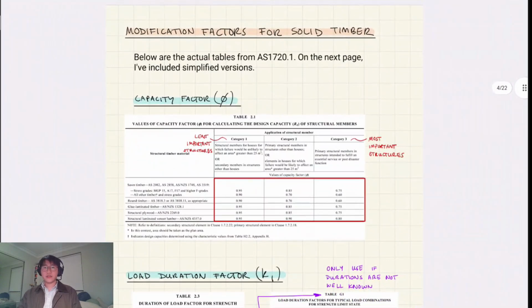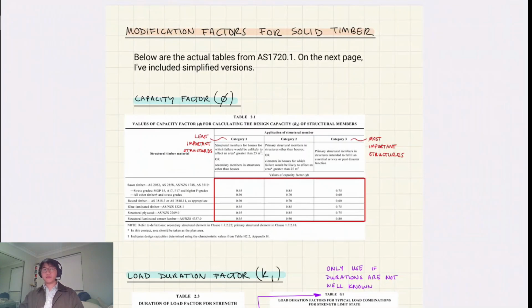Okay, so modification factors. Essentially in steels and in concrete, you have your phi factor, which is your capacity reduction factor. In steels it's really straightforward. For member design, it's 0.9, right? And for connection design, it can vary from 0.75 to 0.85 in steels, I believe.